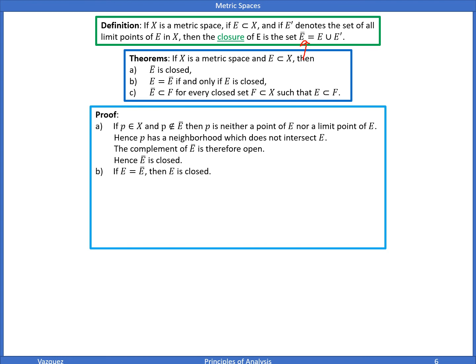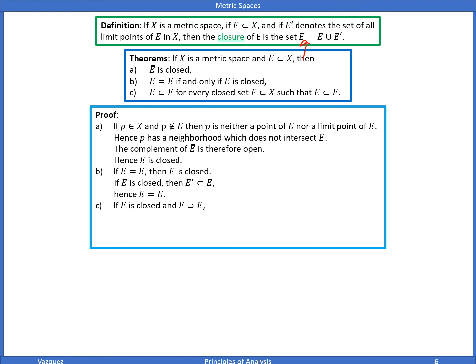Now for B, we're going to have that if E is equal to the closure of E, then E is closed. Well, if E is closed, then it contains its limit points by definition. So E apostrophe, its limit points, is contained in E. Therefore, the closure of E is equal to E. Last one.